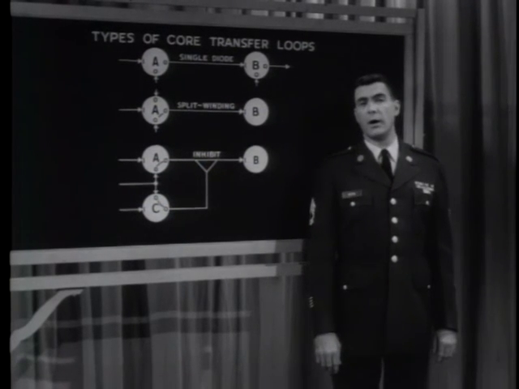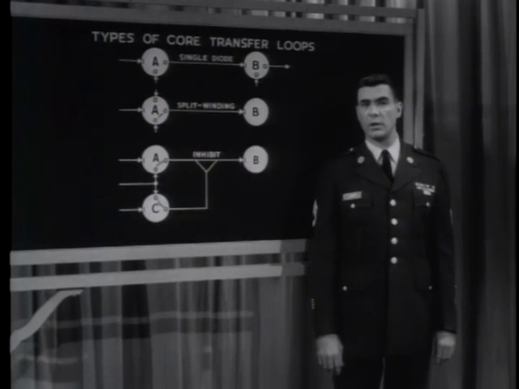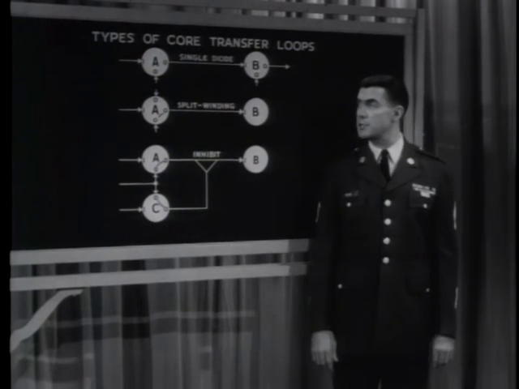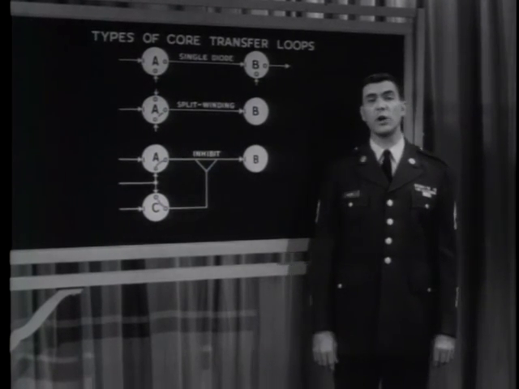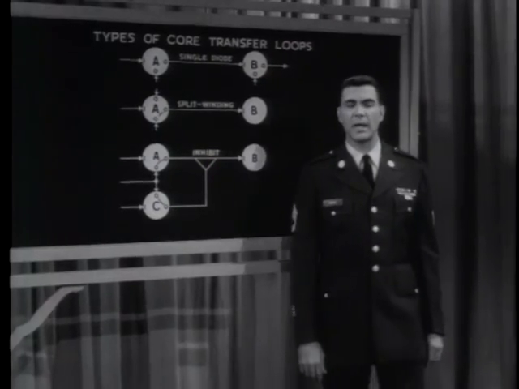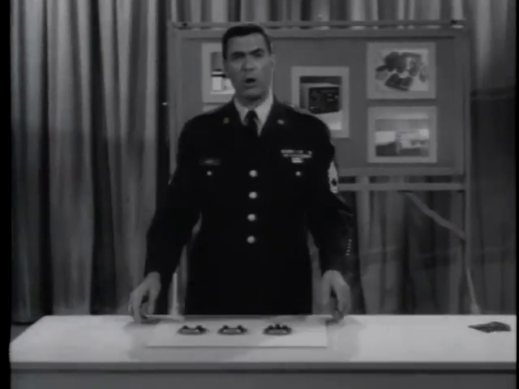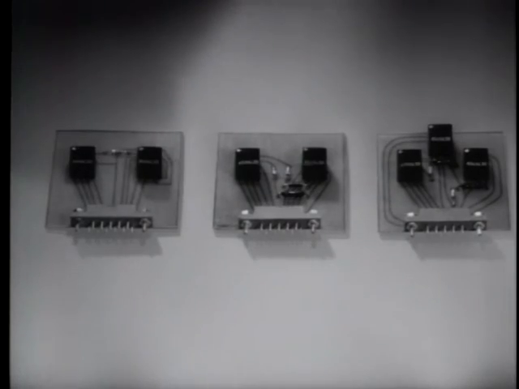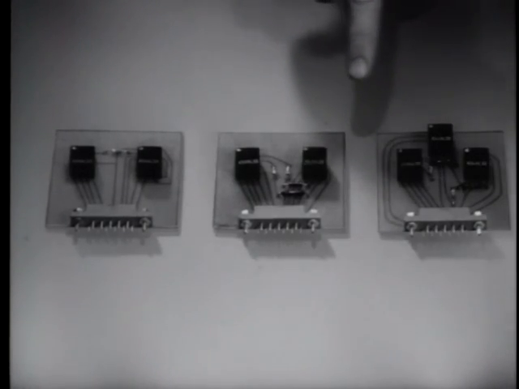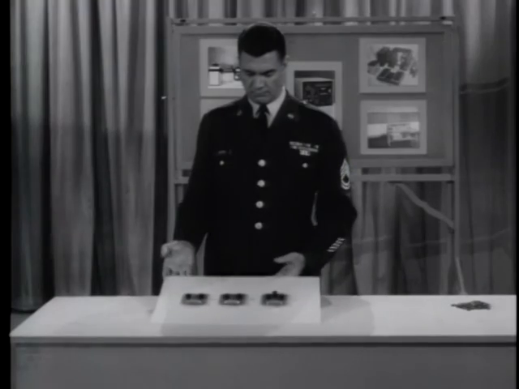In fact, almost all the functions of control, logic, and arithmetic are achieved by using these 3 loops, singly or in combination. They have many advantages. They're small and lightweight, so that a lot of them can be put onto a circuit panel. And they are rugged.